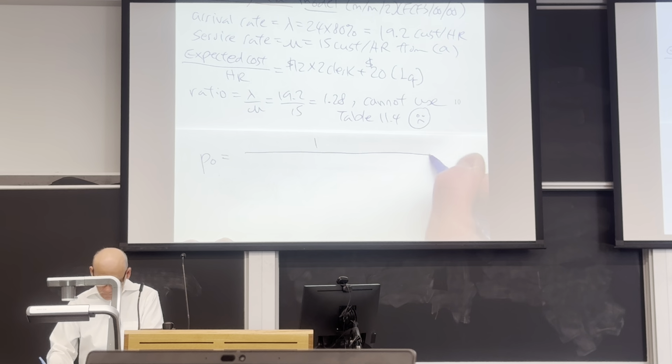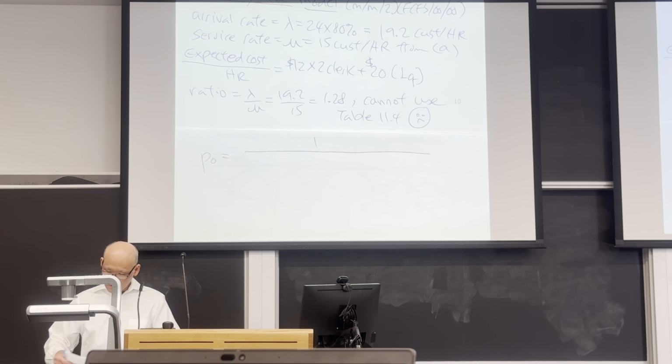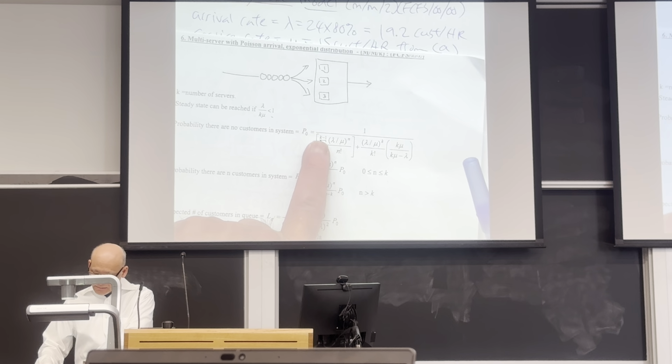So 1 over the sum of n equals 0 to k minus 1. K for us is 2 now, 2 clerks.